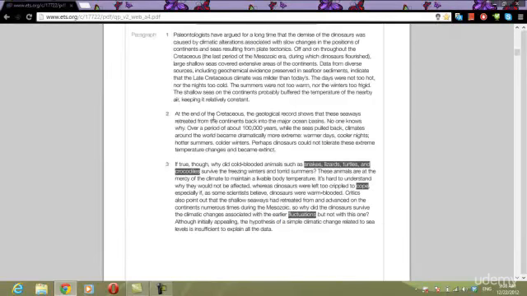So let's find our language. We're looking for dinosaurs and extinction, or a word that is similar to the word extinction. Here we go right here. Extinct. See the word dinosaurs. That's my keyword sentence. Perhaps dinosaurs could not tolerate these extreme temperature changes and became extinct.